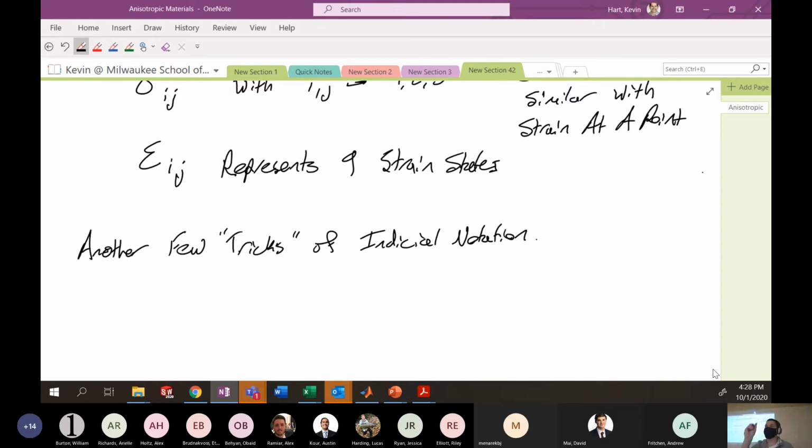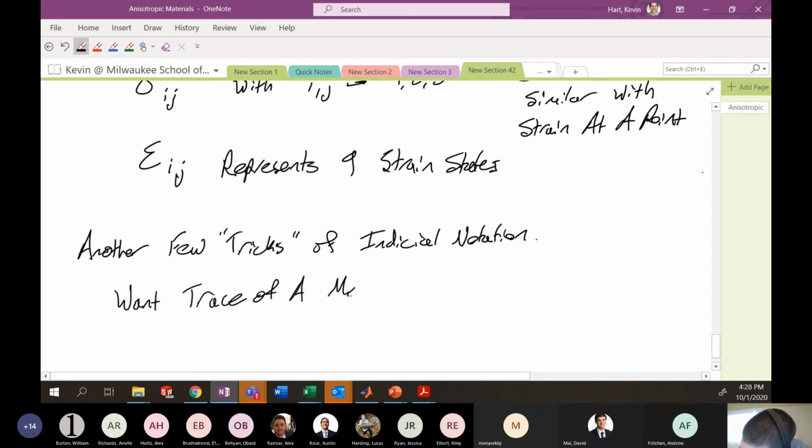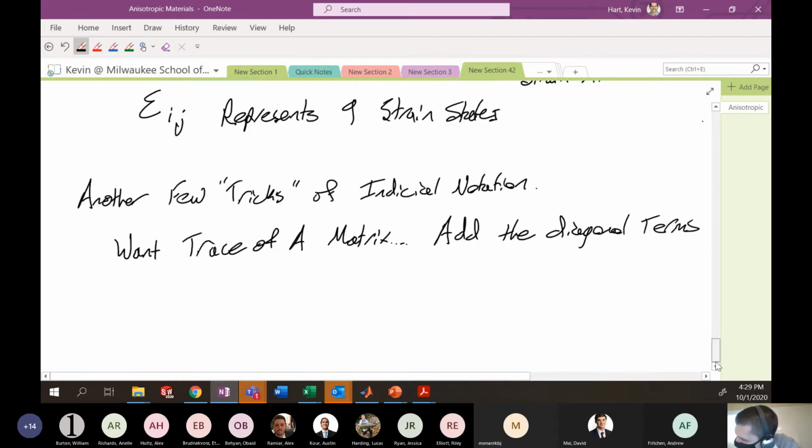It's not when you put a stencil down on paper and copy it over. No, that ain't a trace. If we want the trace of a matrix, you add diagonals. You add the diagonal terms together.